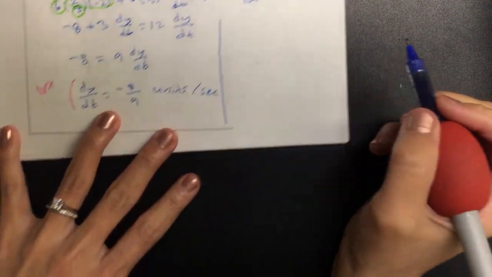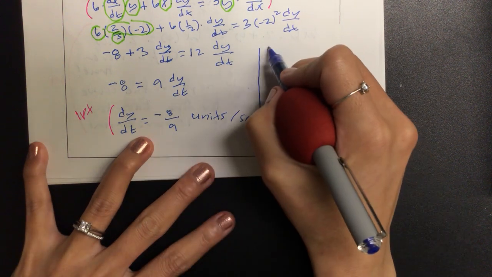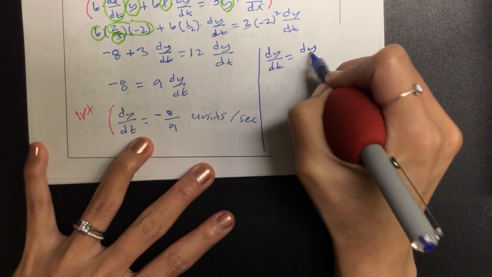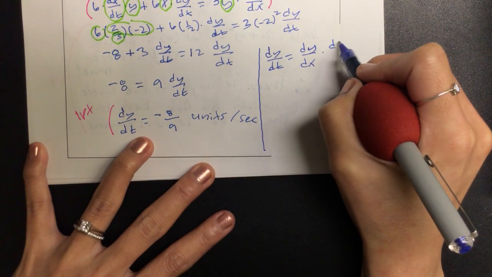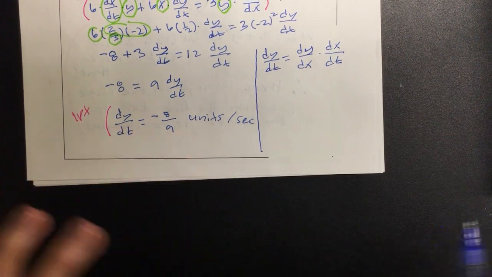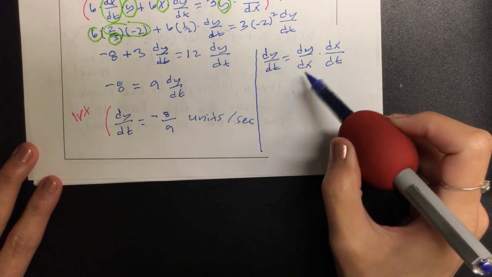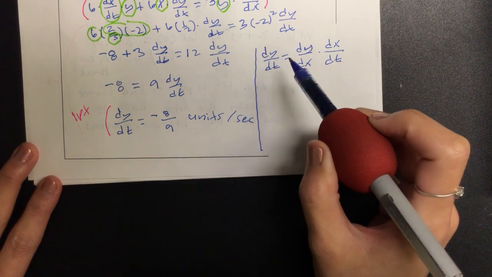According to our rules of fractions, we have dy over dt is equal to dy over dx times dx over dt. Let's see the logic behind this. On the right side, do you see dx and dx on the top and the bottom? If I eliminate these, don't I really get dy over dt?